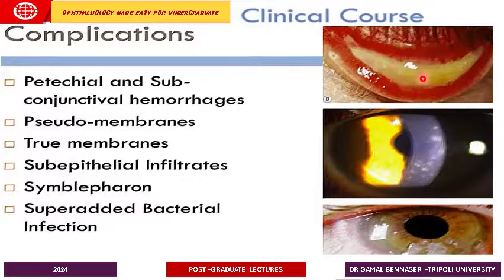Also true membranes can form where there is new vessel formation. The most common one is the presence of subepithelial infiltrates with granular and nummular appearance, like nummular keratitis, sometimes ending up with symblepharon and superadded bacterial infections.